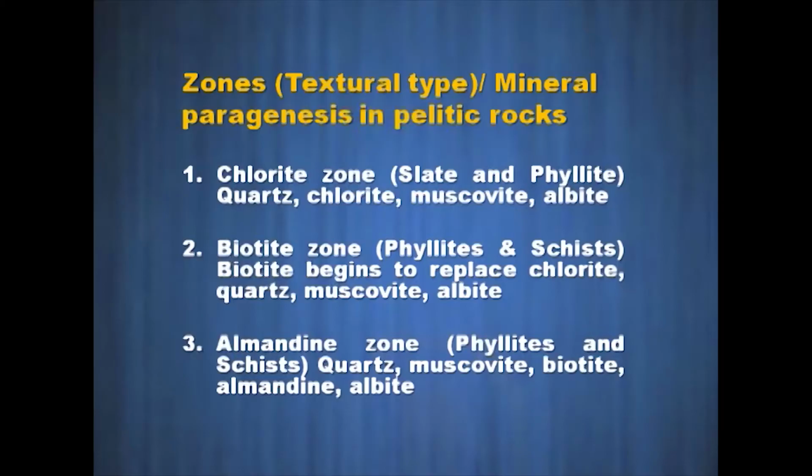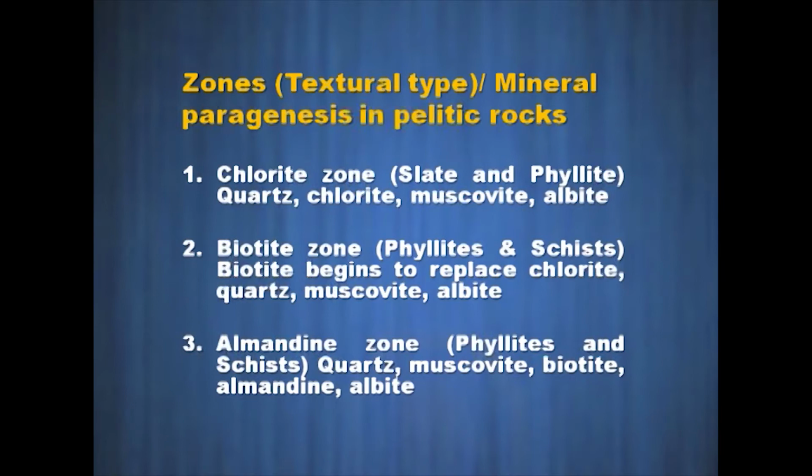If we compare all the phases during regional or Barrovian type metamorphism, the different zones were based on the first appearance of a particular mineral, called an index mineral, which is characteristic of the zone. These boundaries were later called isograds, equal grades, and likely represent surfaces in a three-dimensional sense.